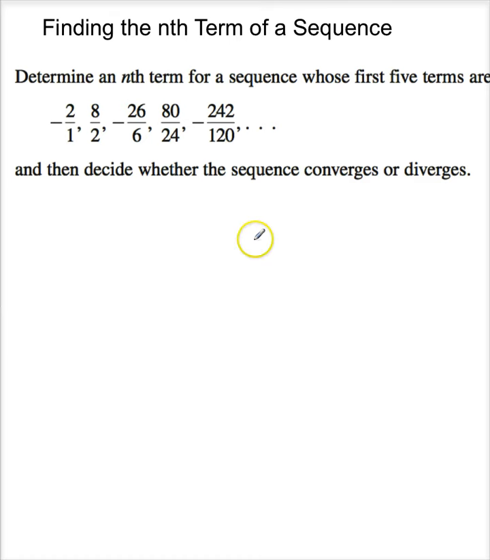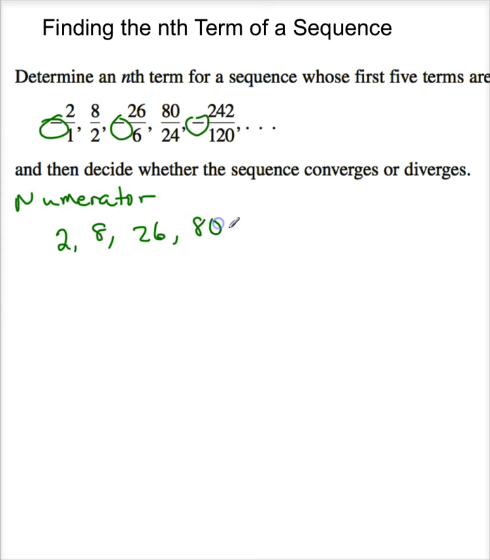So suppose I have the sequence here. Again, break it up into numerator and denominator. So the first thing we'll do is look at the numerator. And yes, I see this negative, every other negative. I will deal with that in a minute. But let me just look at the straight positive numerators. 2, 8, 26, 80, 242.